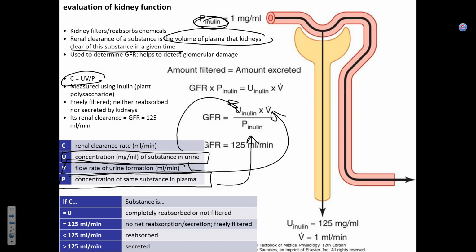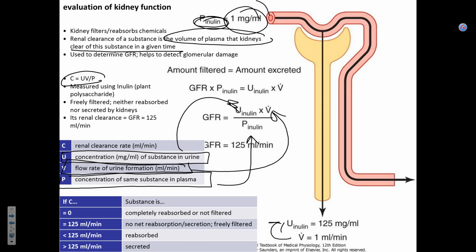And we know that inulin is completely filtered. What does that mean? It means that if concentration of inulin in the plasma is 1 milligram per milliliter. Does that make sense?